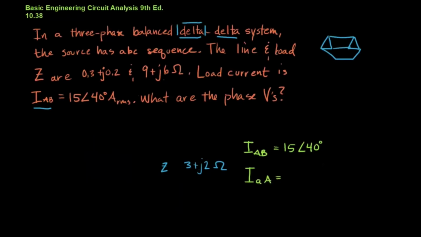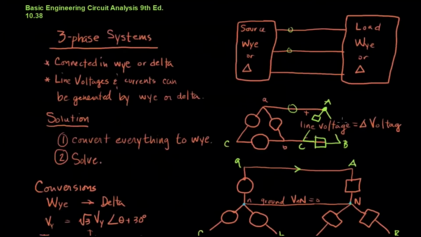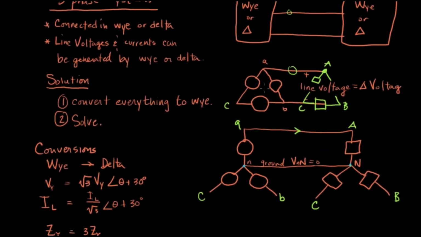Again, let's go back and look at our picture to make some sense of that. What we're going to do is, well, IAN is essentially IAA. So we need to convert this IAB to a current across the lines, across the transmission lines.